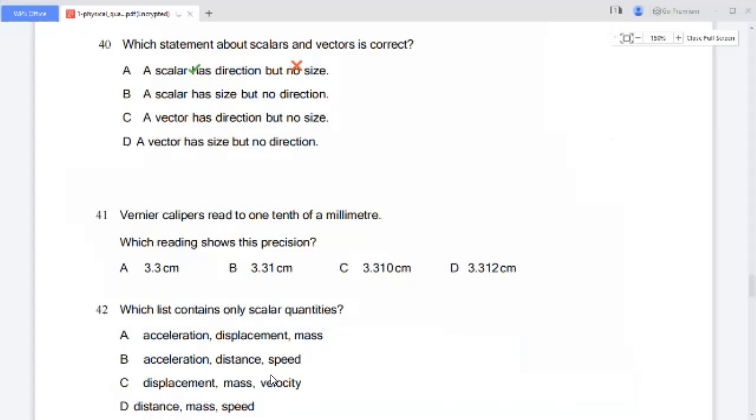This portion is correct because it has no direction, and a scalar has some size. That is also a correct option. A vector has a direction, okay, that's fine, but no size, incorrect. A vector has size but no direction, that's the wrong portion, and that's the correct portion. So overall option B looks fine because it contains all correct information.